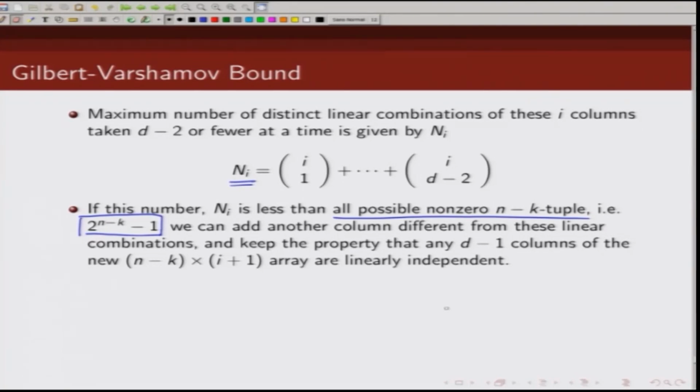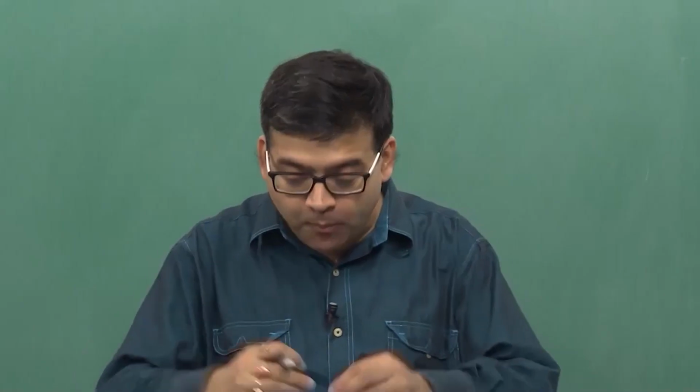So, if this number N_i is less than 2 raised to power n minus k, minus 1, it means we can add another column which is different from any of the linear combinations of these i columns taken 1 at a time, 2 at a time, 3 at a time, up to d minus 2 at a time. And this will still ensure that d minus 1 columns of this parity check matrix would not add up to 0.